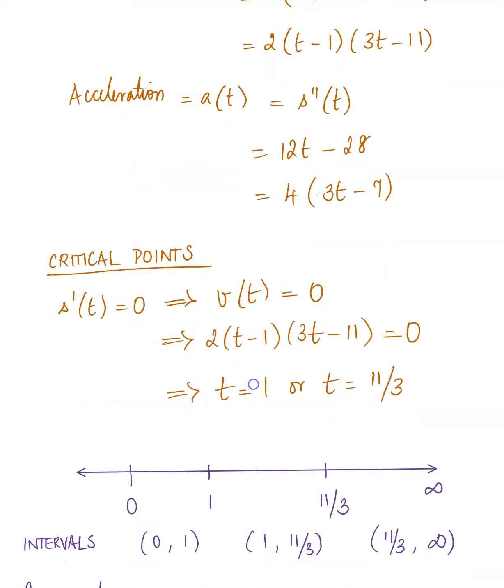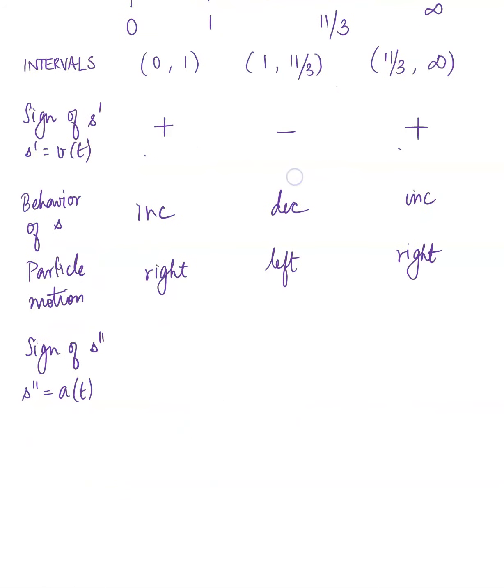So 4 times (3t minus 7) equals 0, which implies t is 7 over 3.